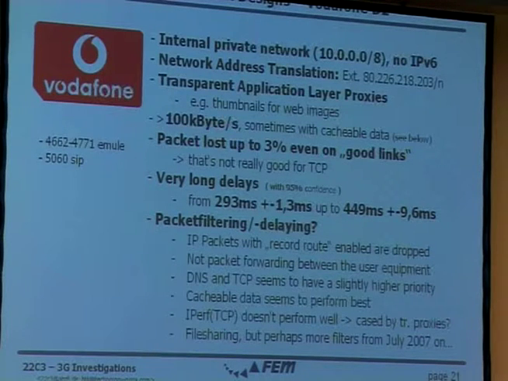They do network address translation, and you normally have an external IP which changes from time to time. There are many transparent application layer proxies which interfere with your data, they transcode and resize and reshape, re-encode everything you see on screen.